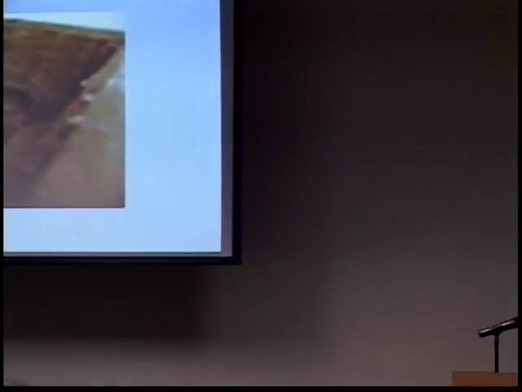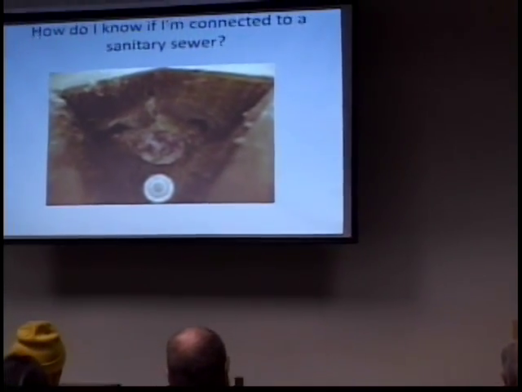So that is the area that we're concentrating on right now, is this area right here. So the next big question is, if you're in the area, that's step number one. Step number two is, am I connected? This picture right here is a typical installation of what Bob was just talking about.